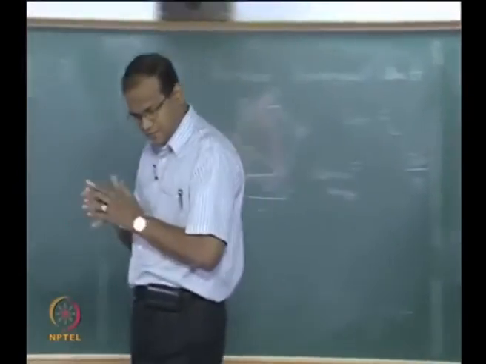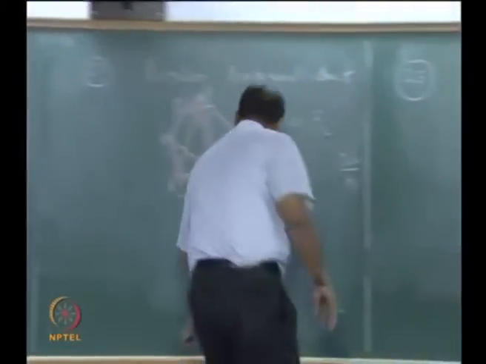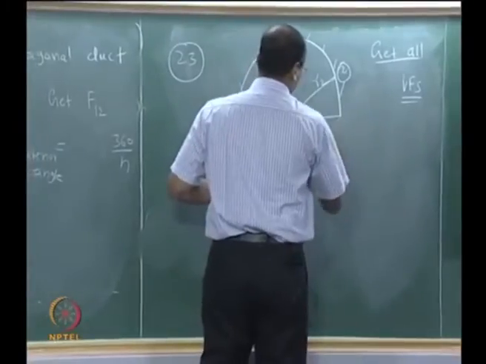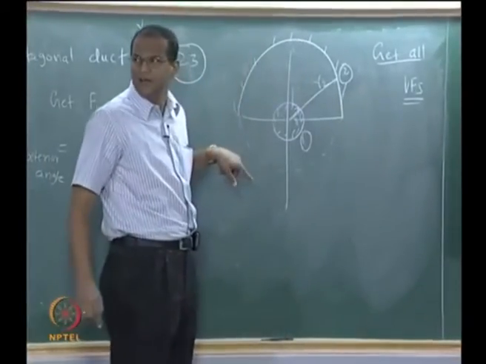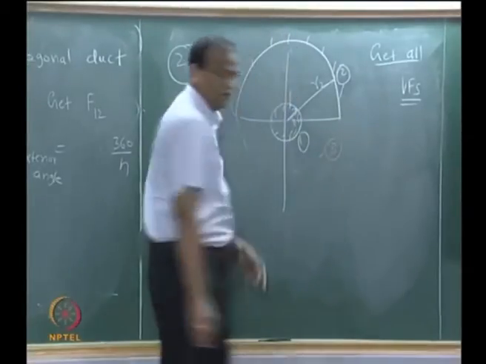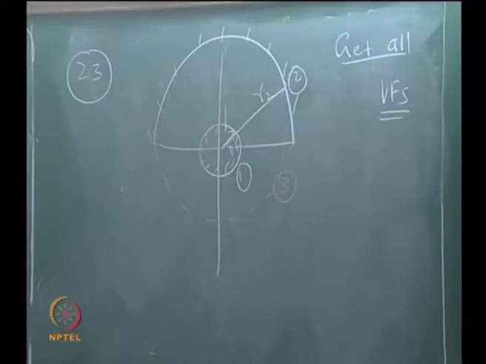So what is the first step? Close it, very good. Close the bottom, the dotted line, and you will call him 3. If you want, you can call that fellow 3. What is F11?